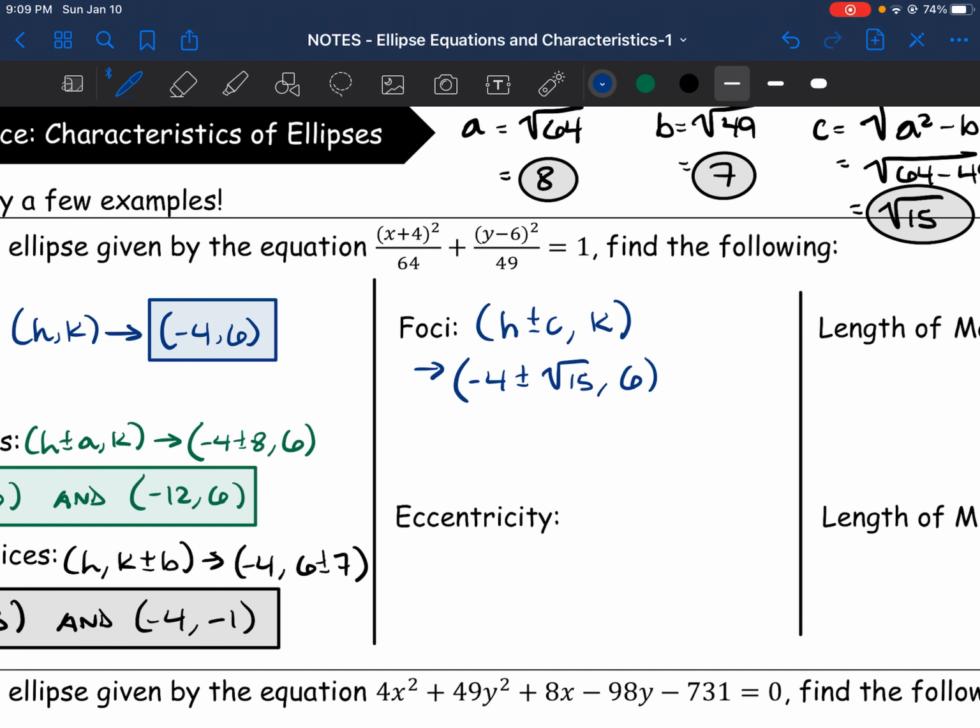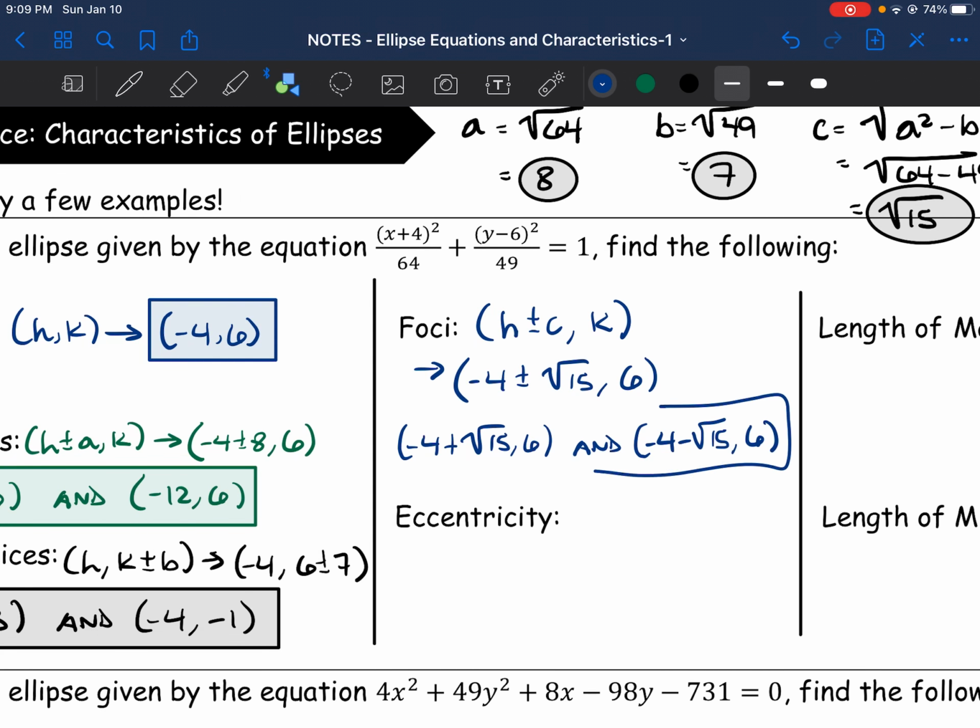Because of the plus or minus sign, let's look at both coordinates. We're going to have -4 plus square root of 15, comma 6, and -4 minus square root of 15, comma 6. So those will be the coordinates of our two foci.